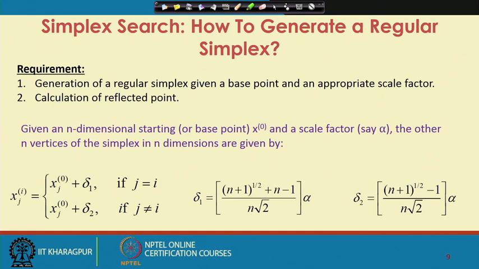So, you have been given a starting point. So, you still need other n vertices, that means other n points. So, these n points can be generated from the starting point x 0 and a scale factor alpha. You can make use of the equations shown and you can generate the initial simplex.